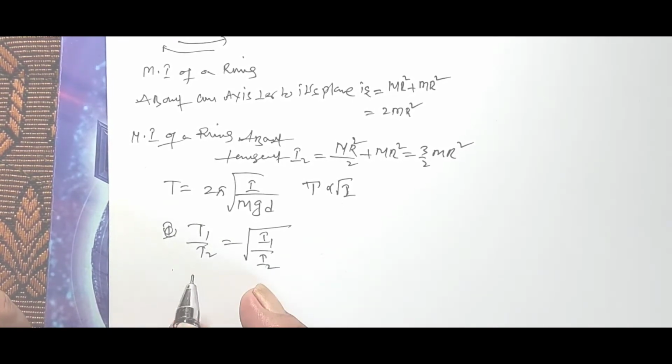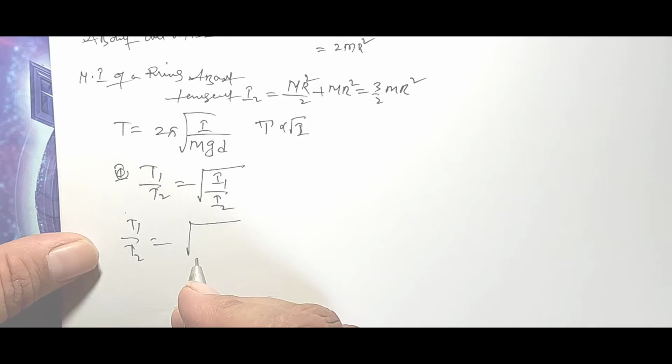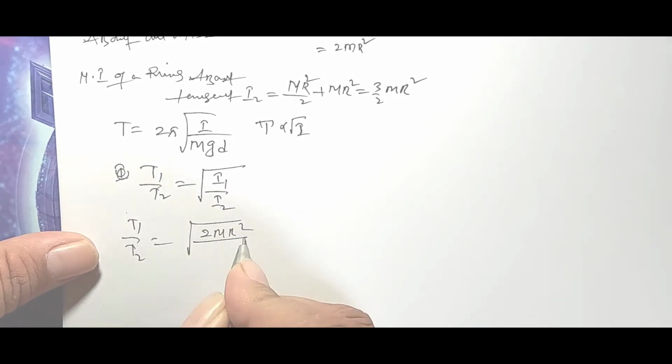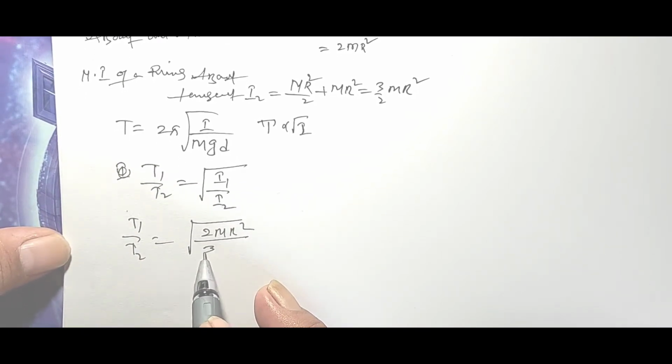So t1 by t2 is equal to, here I1 means the moment of inertia of a ring in its plane, that is equal to 2 mr square, divided by the moment of inertia of a ring about a tangent, that is 3 by 2 mr square.